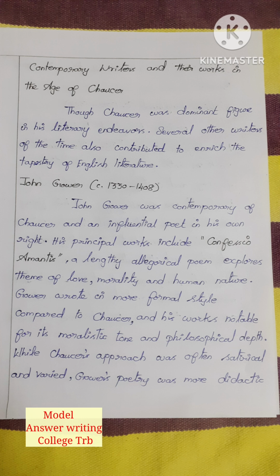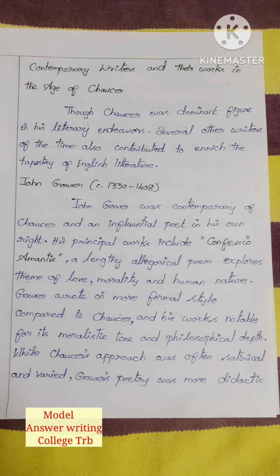Contemporary writers and their works in the age of Chaucer. Though Chaucer was a dominant figure in literary endeavors, several other writers of that time also contributed to enrich the tapestry of English literature. John Gower was a contemporary of Chaucer and an influential poet in his own right. His principal work is Confessio Amantis, a lengthy allegorical poem exploring the theme of love, morality, and human nature.